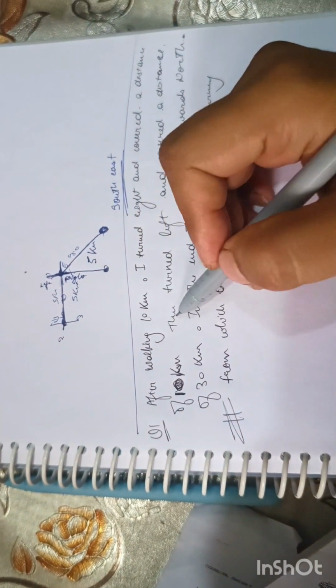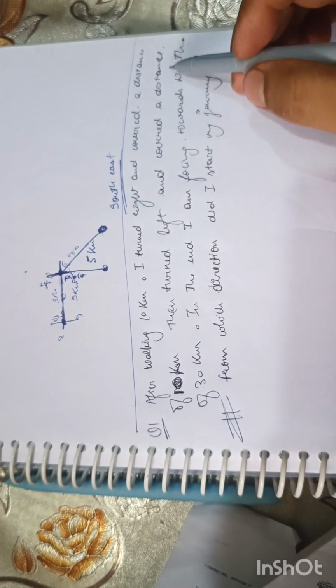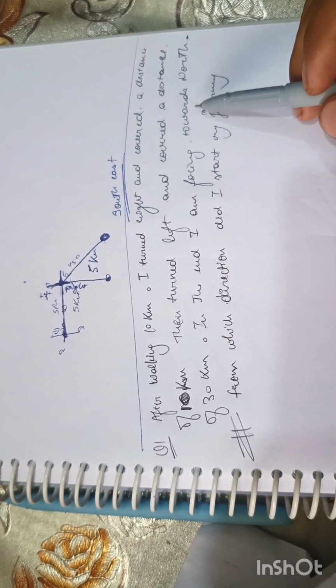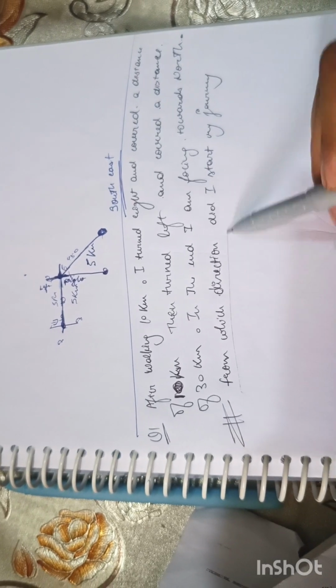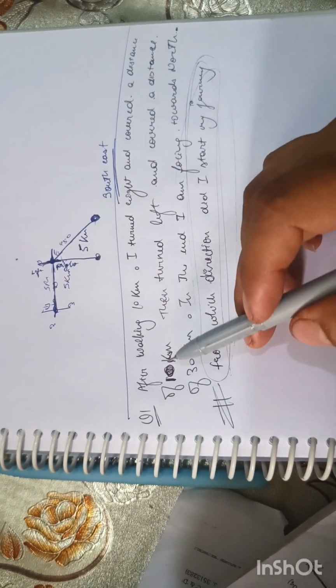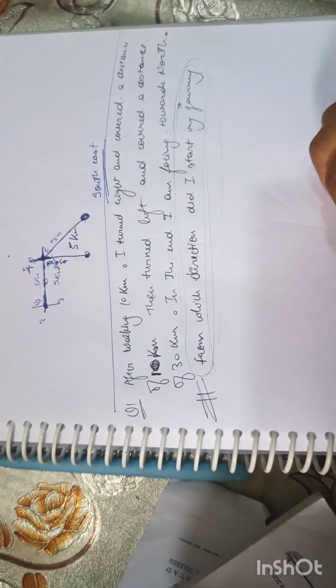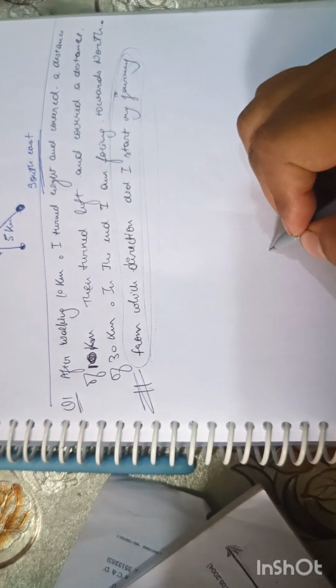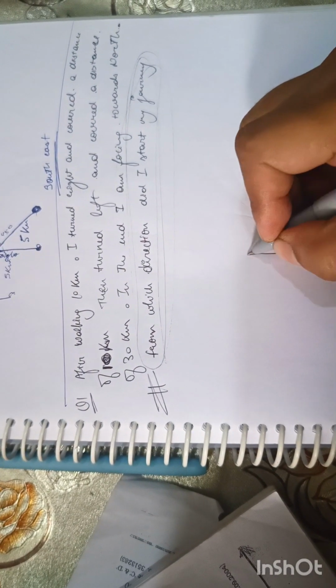This question: after walking 10 kilometers, I turned right and covered a distance of 10 kilometers. Then turned left and covered a distance of 30 kilometers. In the end, I am facing towards north. From which direction did I start my journey? This is the question. Draw the figure. Walking 10 kilometers, anywhere 10 kilometers.